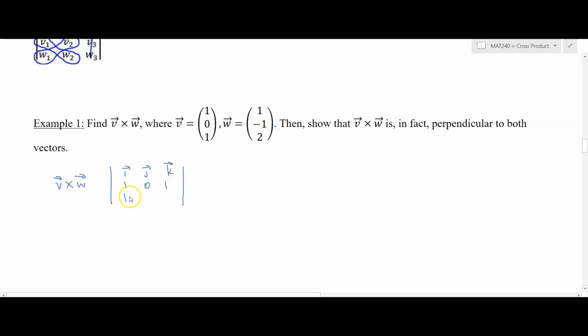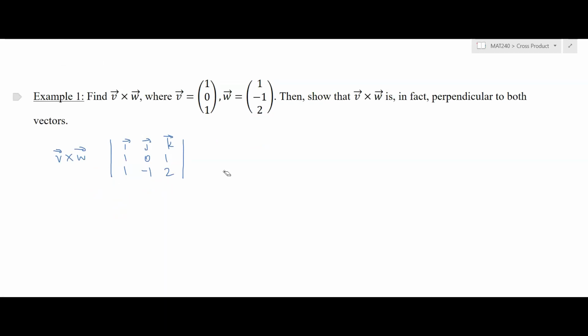W is 1, negative 1, 2. To find the components of V cross W, we now need to build this vector by finding its 3 components. We can list it in vector form, or we can list it in I, J, K form, and we'll do it both ways to show that they're identical.